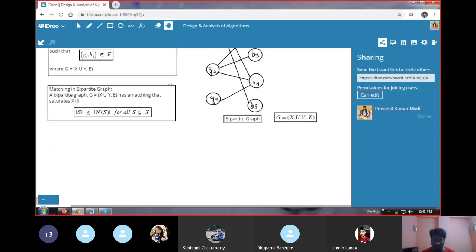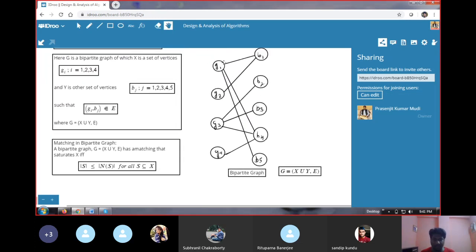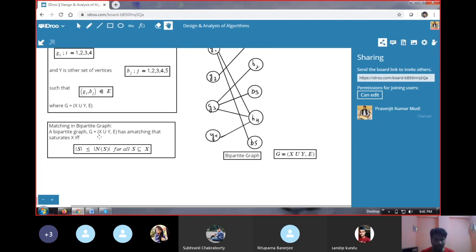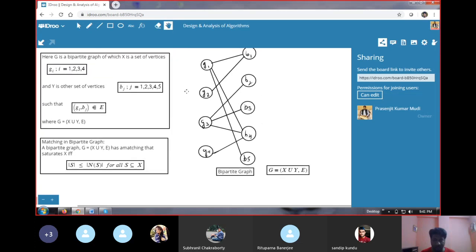Next, what do we mean by a perfect matching? If this condition is violated, then we will not get any matching. So for this example, let's try to understand the meaning of this matching. Let me see again.